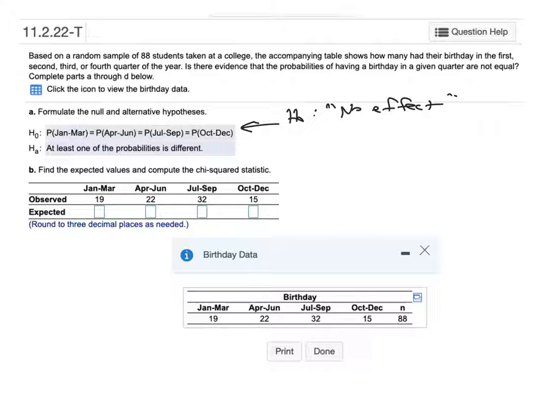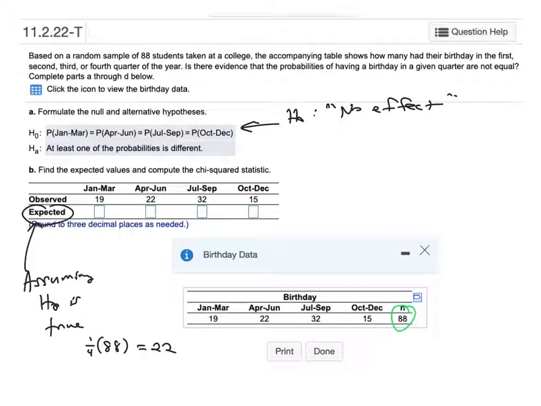But the expected counts, and remember, expected here means expected assuming the null hypothesis is true. The null hypothesis says your birthdays are equally spread out throughout the year. So if that's true, then our 88 birthdays would have to have a quarter of them, 1/4 of them, in each of the quarters of the year. So 1/4 of 88 gives me 22.